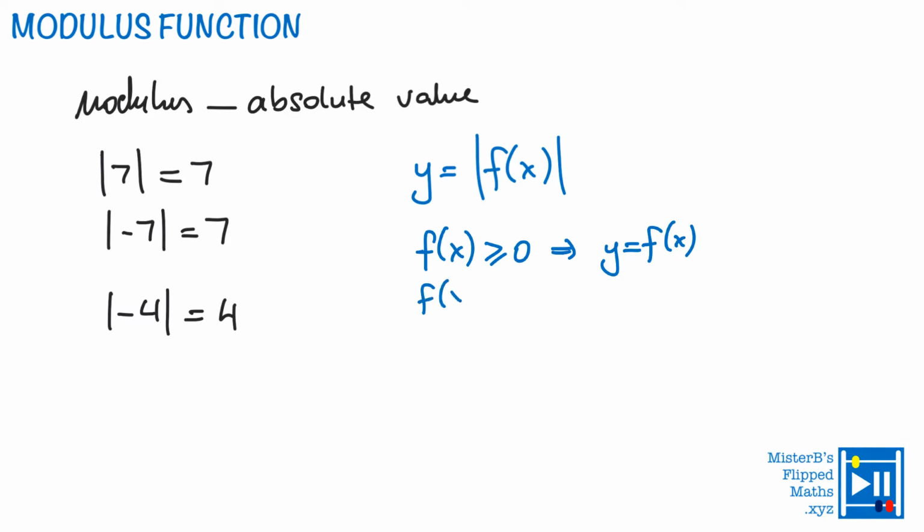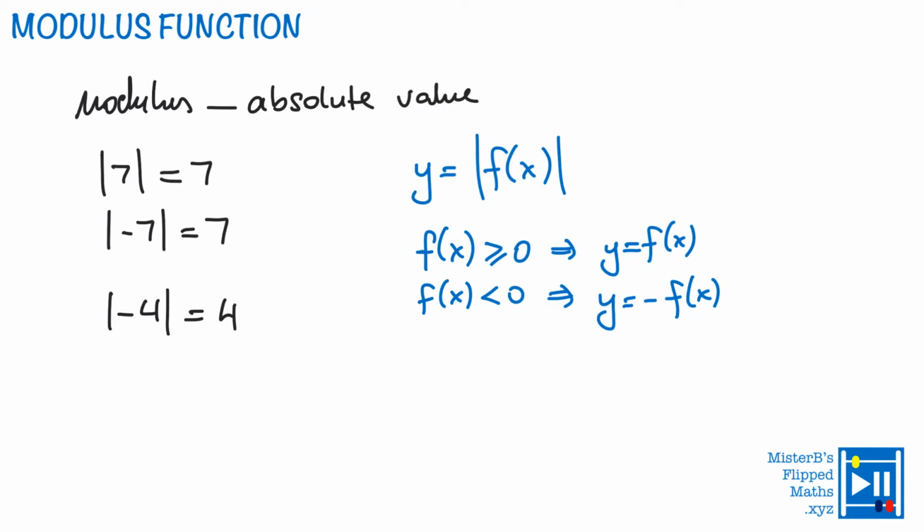If f of x is negative, then we have to write the function as y equals minus f of x. Now, you may think naturally that when there is no minus sign, whatever that expression is, it is positive, and when you have a minus sign in the front, it is negative. Well, that is not true.